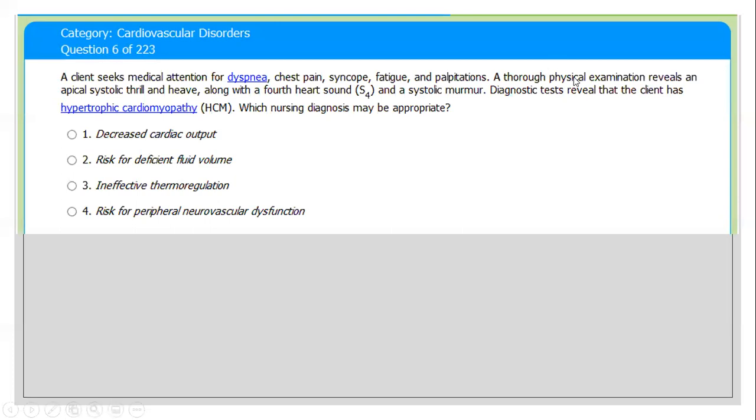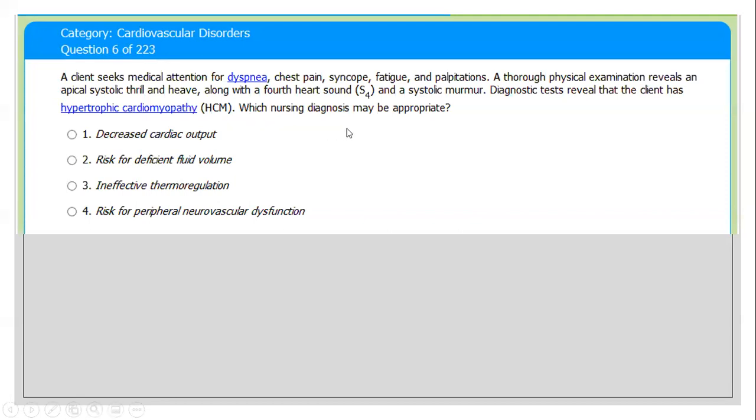A thorough physical examination reveals an apical systolic thrill, along with a fourth heart sound, S4, and a systolic murmur also. Diagnostic tests reveal that the client has hypertrophic cardiomyopathy. Before I explain hypertrophic cardiomyopathy, I want to tell you what cardiomyopathy is.